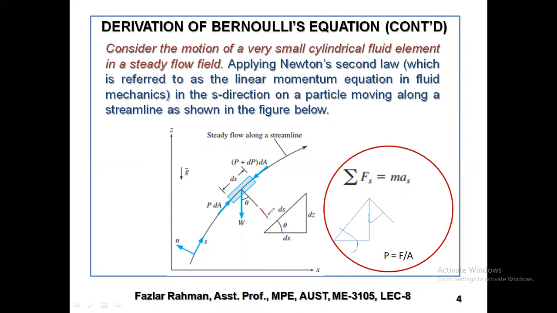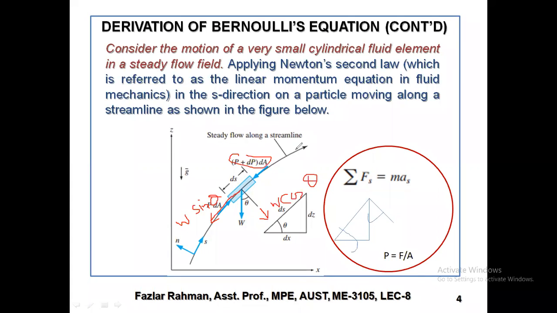One component works along this direction, the other component along this direction. So this will be W sin theta, and along this direction will be W cos theta, right? So this W sin theta is pushing it, trying to pull it down. So these three forces, P into dA, P plus dP into dA, and W sin theta, are working along the streamline.